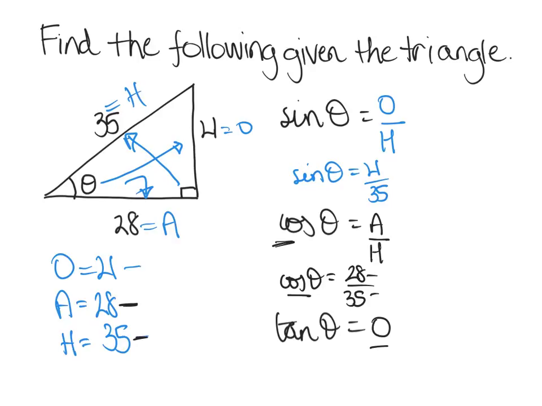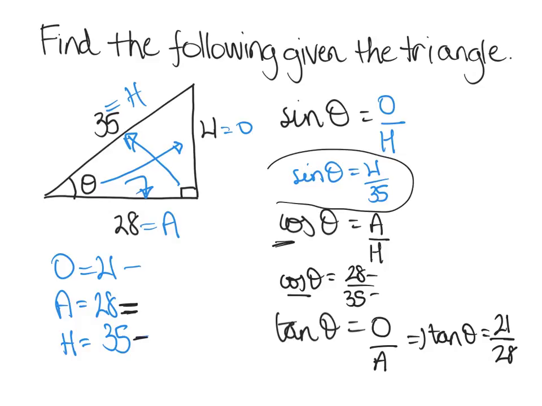Now, tan is equal to the opposite over the adjacent. Tan of theta is equal to, O is equal to 21. That's the opposite side. And the adjacent, well, here it is here, is 28. So now we've written these in the form of numbers. We can say that sine of theta is equal to 21 over 35.